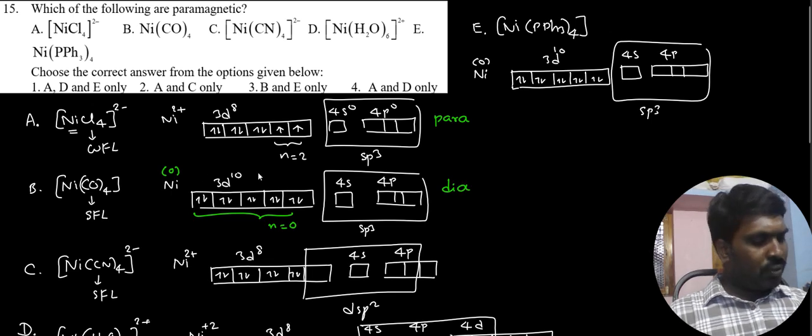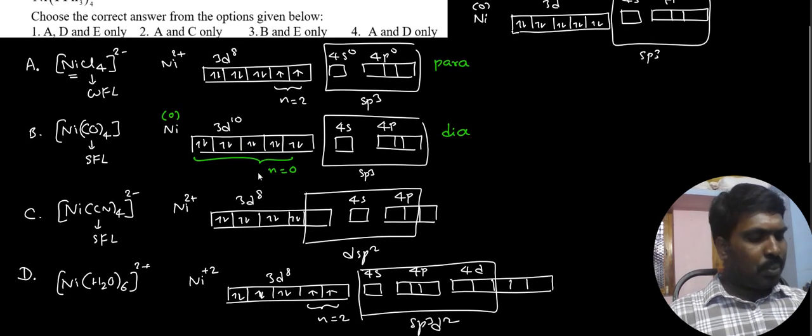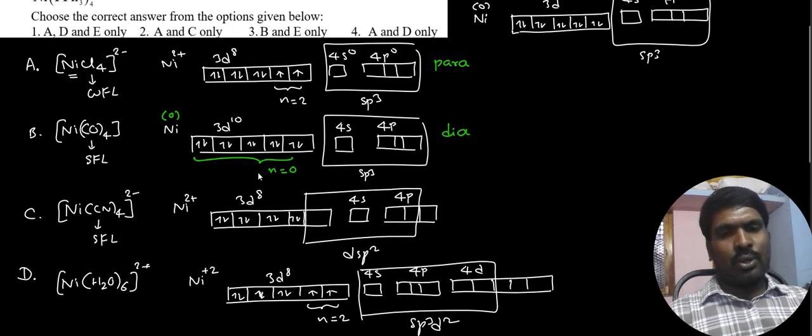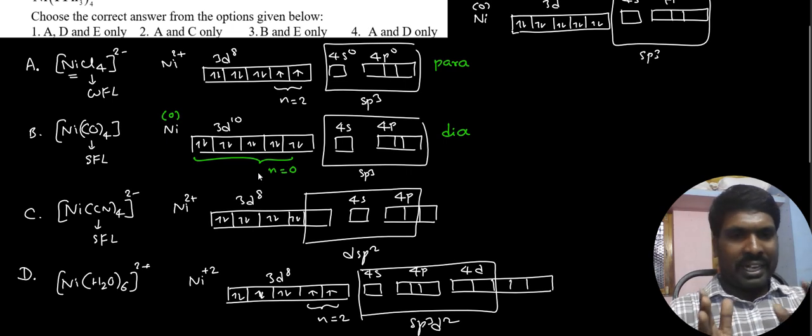Now moving to compound C, Ni(CN)4 2 minus, in which nickel oxidation state is +2 and cyanide is a very strong field ligand. Nickel +2 state, 2 electrons are lost from the s orbital, so 3d8. In the 3d subshell all electrons are paired, opposite to Hund's rule, so one vacant d orbital is there.